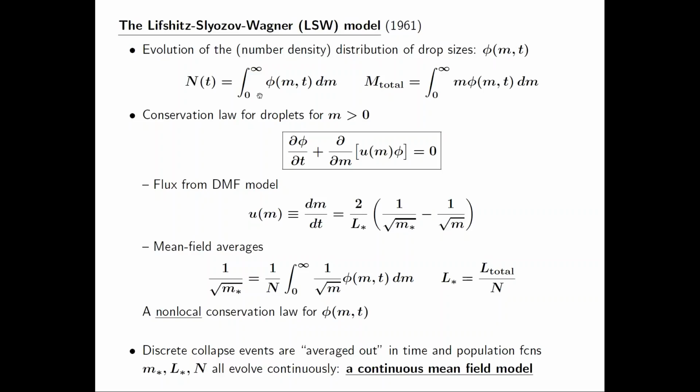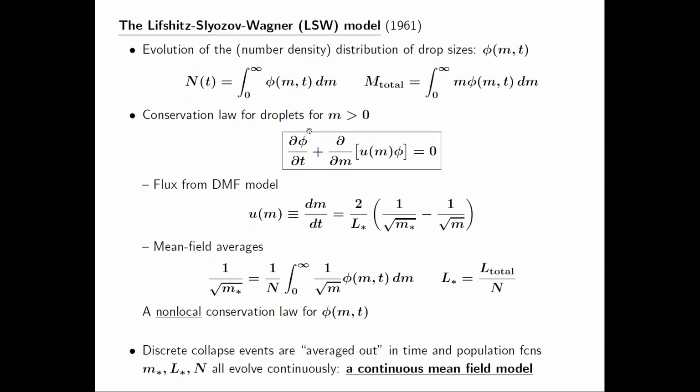But in this case, if I integrate over all of the masses, this is going to give me the number of drops. And if I integrate this distribution function times the mass, I'll get the total mass of drops in the system. So this is using a classical framework in material science by Lifshitz, Slyozov, and Wagner, dating back from the 1960s, used for Ostwald ripening and other things in solids.